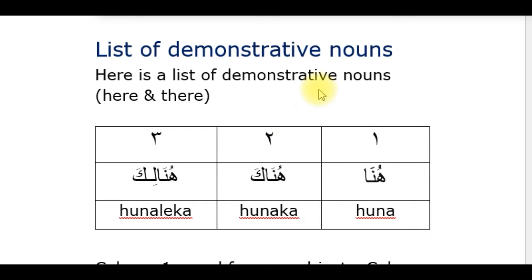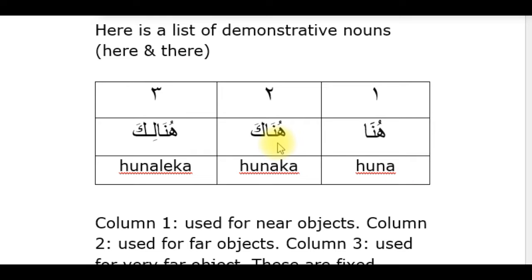List of demonstrative nouns. Here is a list of demonstrative nouns, here and there. هنا, هناك, هنالك. هنا, here, for something near. هناك, there, far. هنالك is a place furthest. هنا, هناك, هنالك.